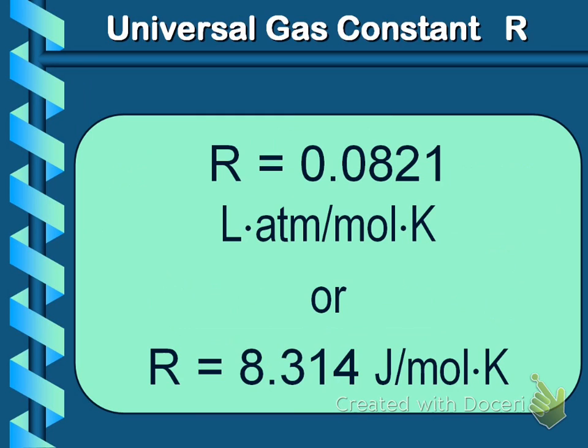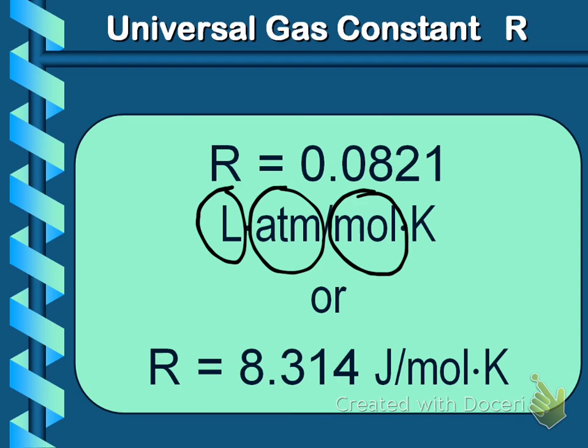However, whenever you're trying to solve a problem, if you can get your volume in liters, your pressure in atmospheres, your n in moles, and your temperature in degrees Kelvin, then when you do the math, all of those units will cancel and leave you with what you want, and so you could always use 0.0821.